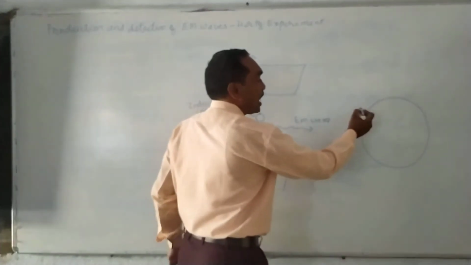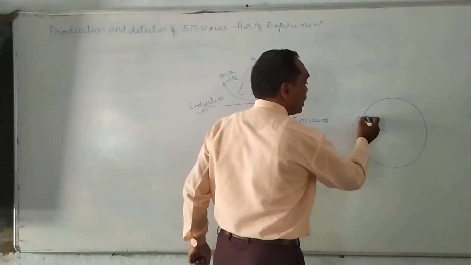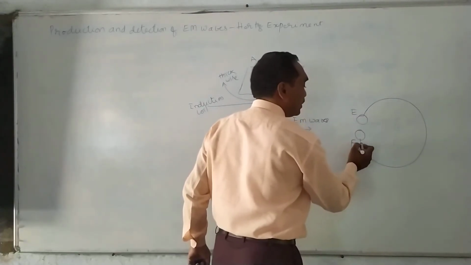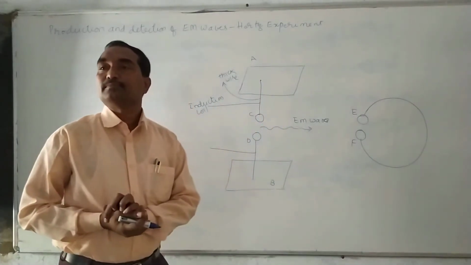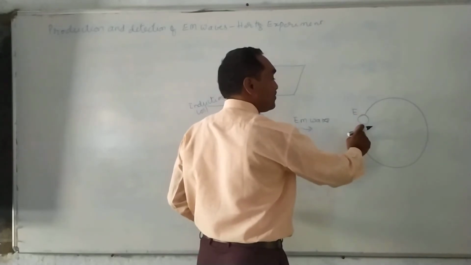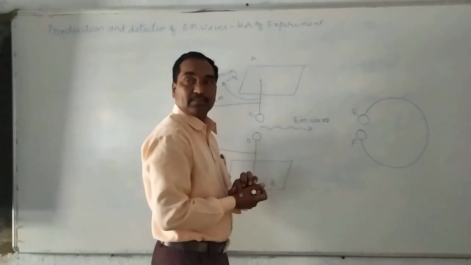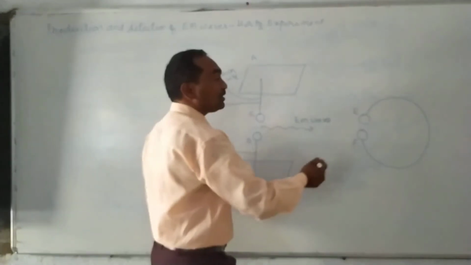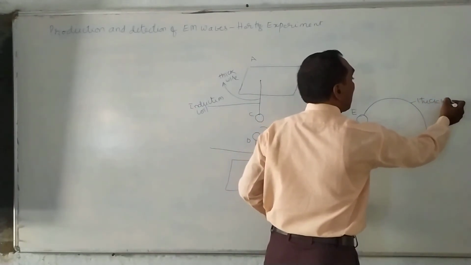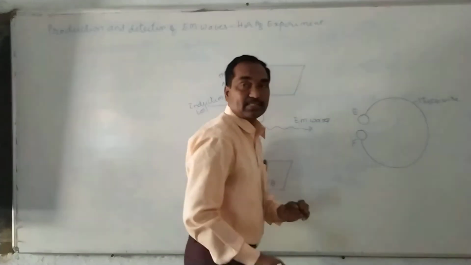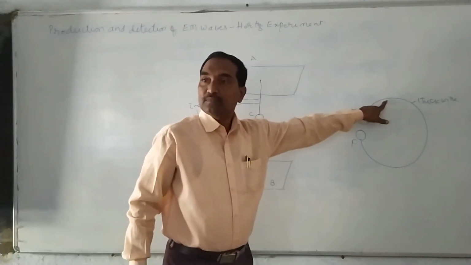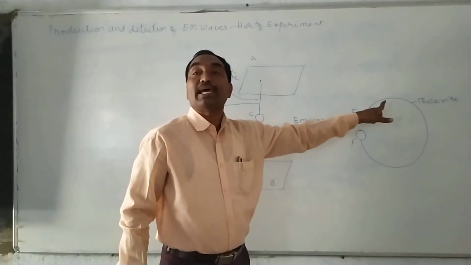These two ends are connected with brass spheres, which are taken as E and F. In this case, the two brass spheres E and F act as capacitor plates, and this thick wire acts as an inductance.